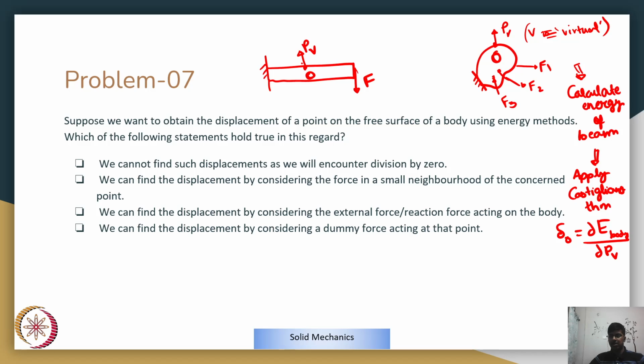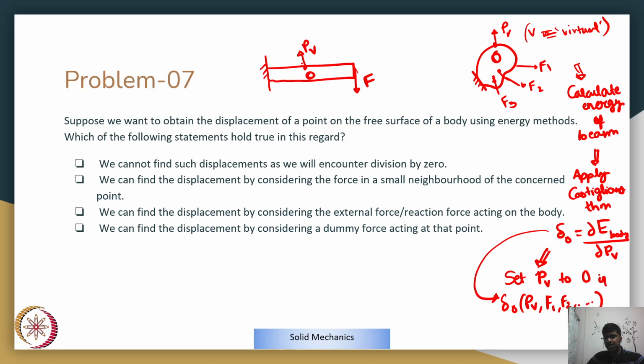Once you have that, you do one more thing: you set PV to 0 in delta O of PV, F1, F2. This is what you obtained from here, delta O as a function of your virtual force acting on that point, then F1, F2, and so on.